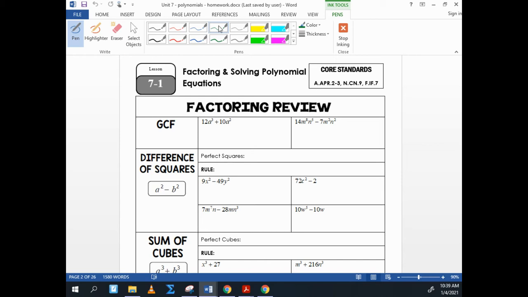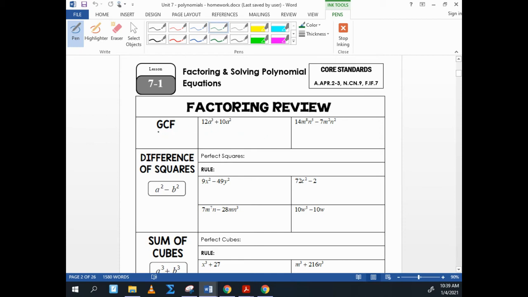So to start off with, it's just a review, but please, I know I say this every time we teach this, if you do not know how to factor, please pay attention this time, because factoring is going to help you not only this unit, but throughout the rest of what we're doing all year.